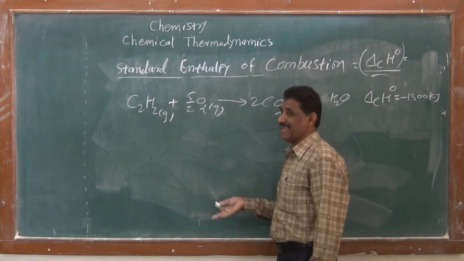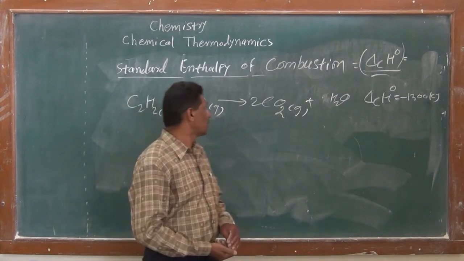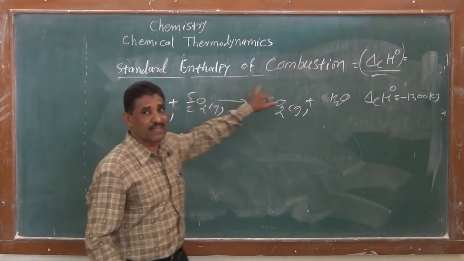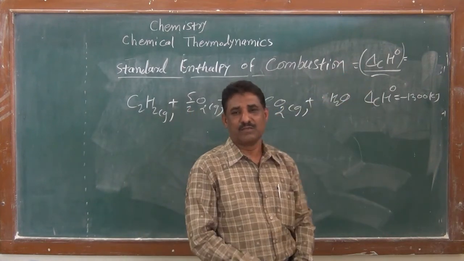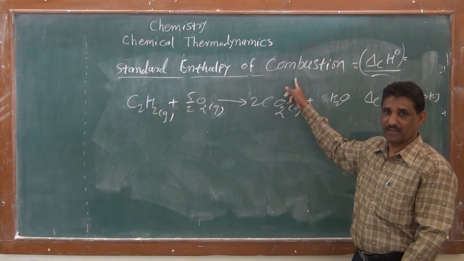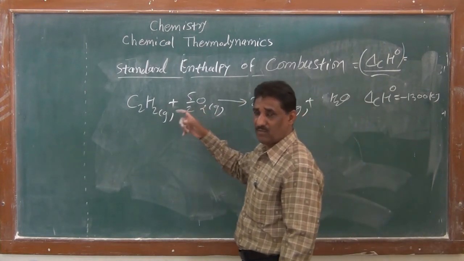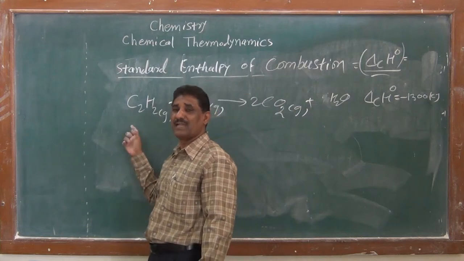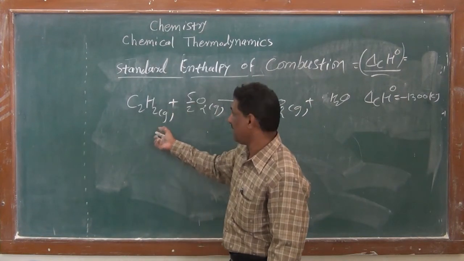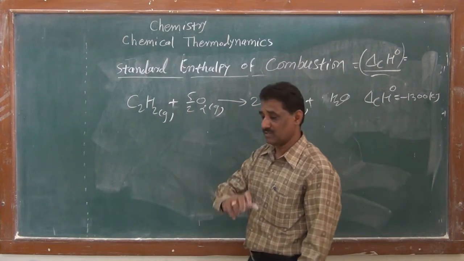The change in enthalpy in that reaction is called the standard enthalpy of combustion. The definition: the standard enthalpy of combustion is the enthalpy change when 1 mole of compound is completely burned.